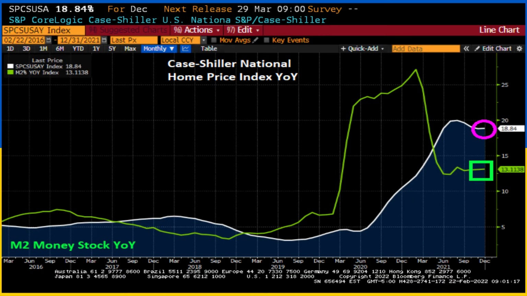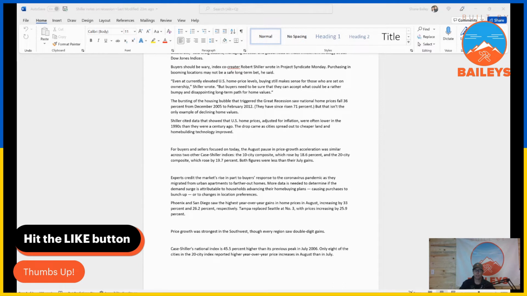But buyers need to be sure that they can accept what could be a rather bumpy and disappointing long-term path for home values. He's saying that if you're buying real estate right now as a long-term position to live in, and you're planning on being there for a good chunk of time, probably 10 years plus, that's not a bad time to buy still.